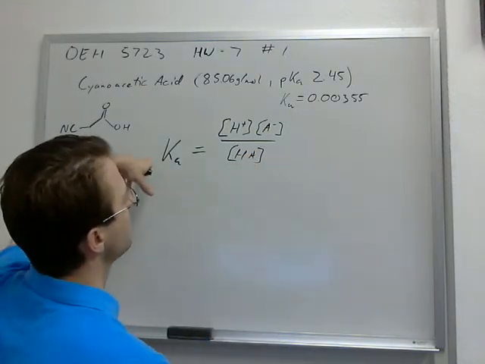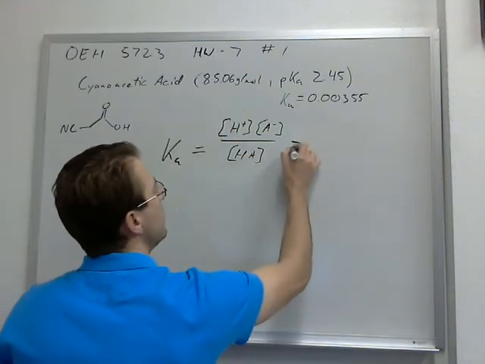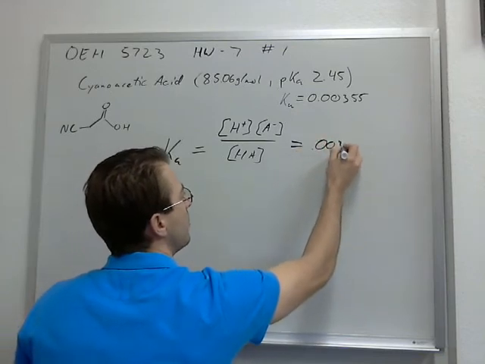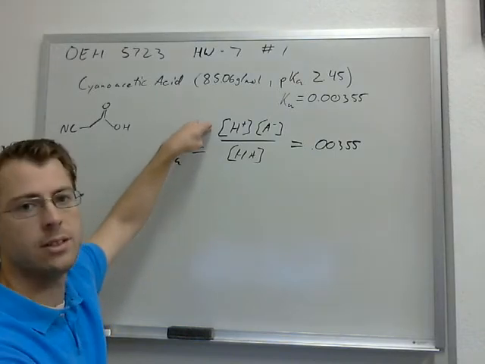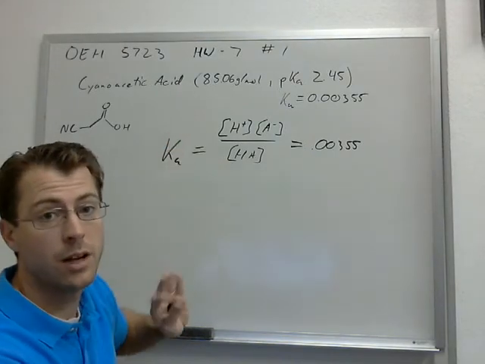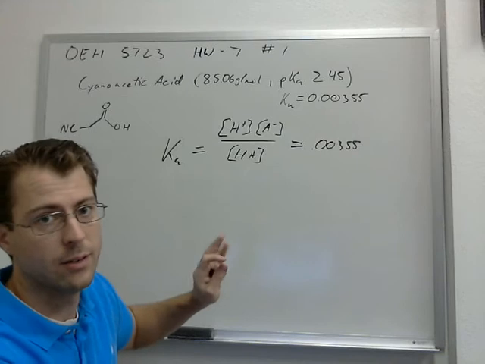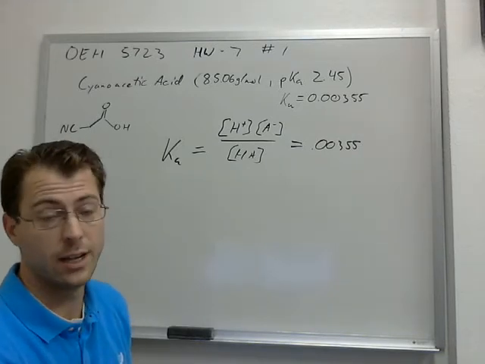And so for the fact that our Ka is equal to 0.00355, it means that our products are not heavily favored, but compared to other weak acids, this is really heavily favored. This is just not a strong acid.